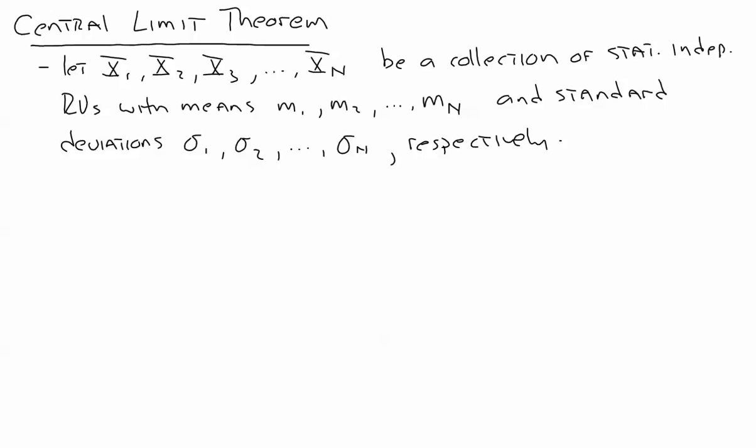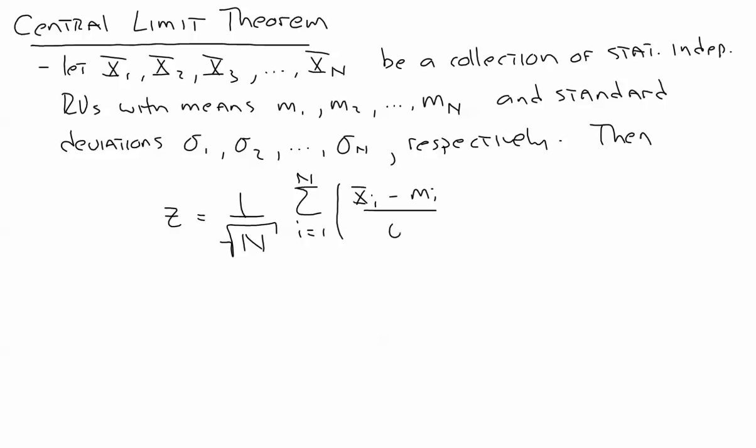Then, if I add them together in a normalized fashion, this way in particular, z equals 1 over square root of n, summation i equals 1 to n, x sub i minus m sub i over sigma sub i.